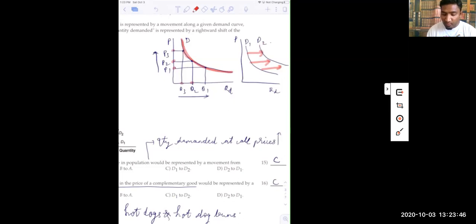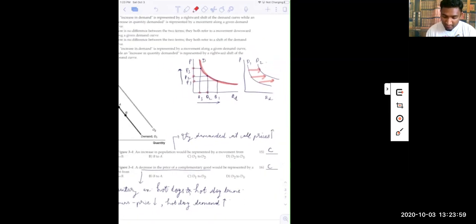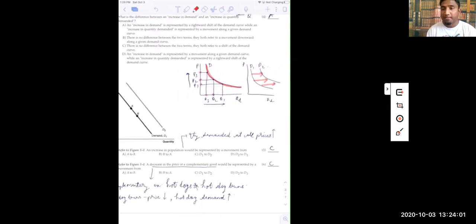So when we plot all these prices and all these quantities demanded, we get this curve, and that is called the demand curve, or demand. So when there is an increase in quantity demanded at all these prices, then we'll have a shift in our whole demand curve like this.